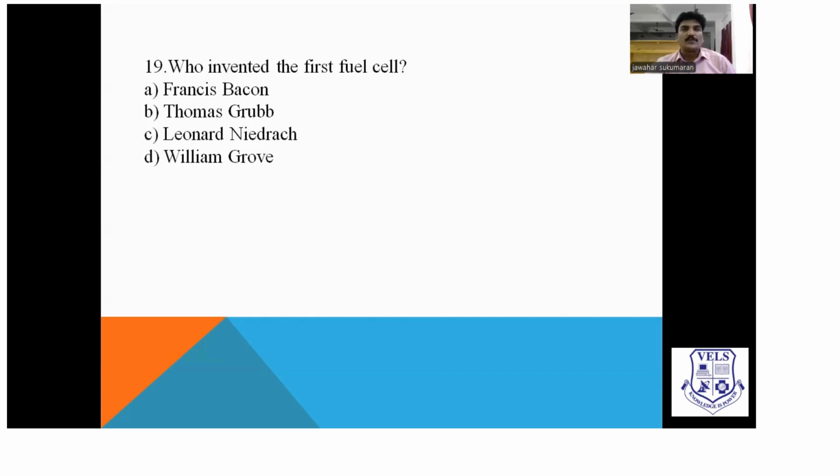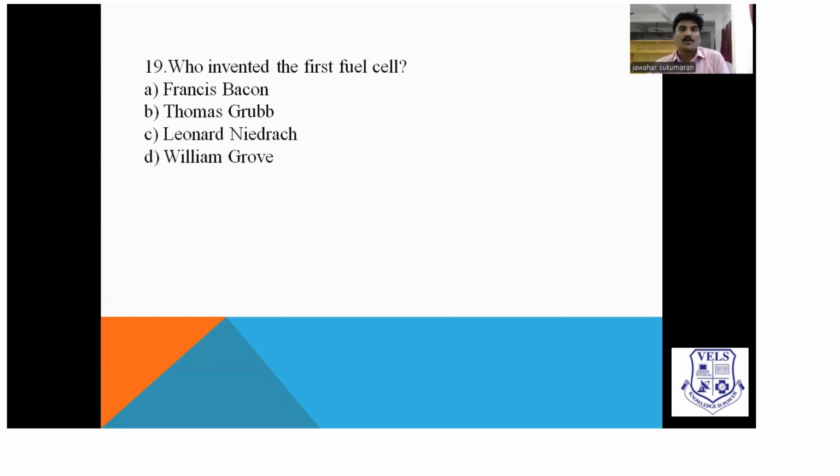Who invented the first fuel cell? A. Francis Bacon, B. Thomas Grove, C. Leonard Needrich, D. William Grove. D. William Grove is the correct answer. The first fuel cell was invented by William Robert Grove in 1839.